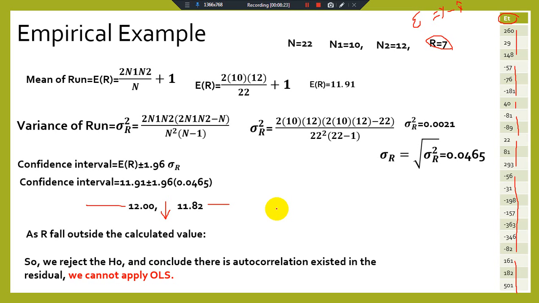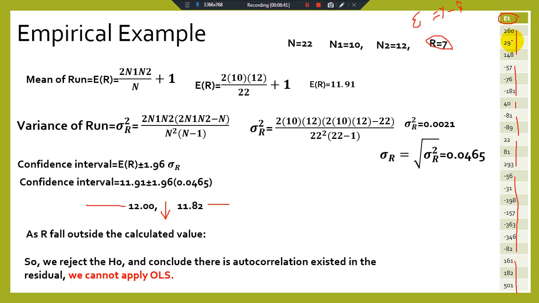Dear students, when we talk about first order serial correlation or autocorrelation, we know that two consecutive errors are correlated with one another, or the same as each other.